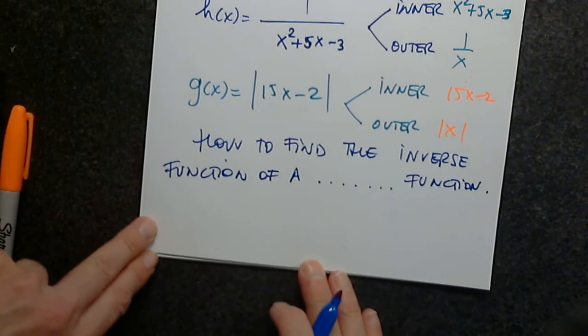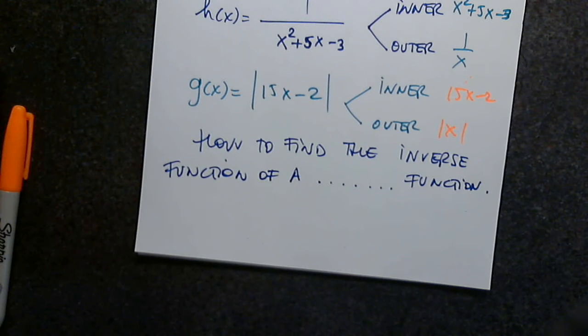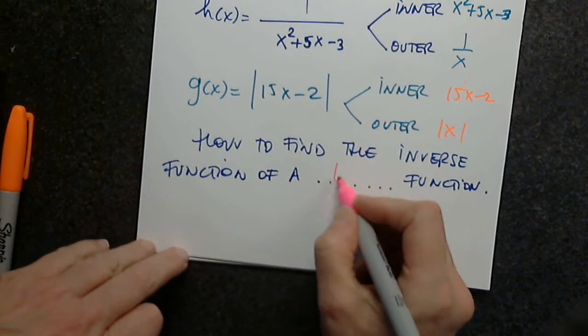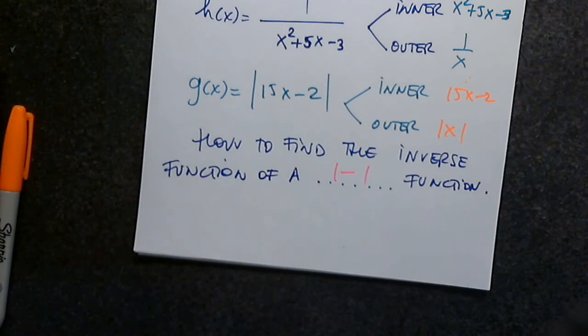I'm missing something and I need help. What am I missing here? Of course. If it's not one-to-one, thank you. If it's not one-to-one, there's no discussion about its inverse. There's nothing to say, because it doesn't have an inverse. Excellent.